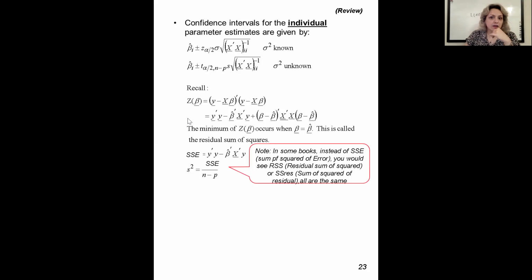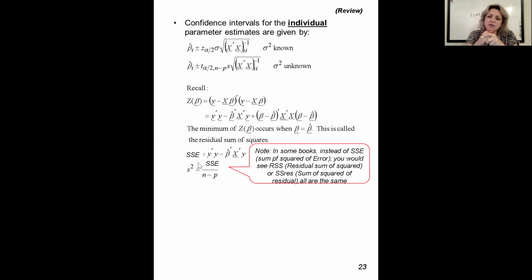And here is a recall: when we have z of the beta, you can write it down like this. And here you can say MSE, we want to find out MSE, right? And this part comes from the ANOVA table. ANOVA table is very important in this course. So you would have your SSE, sum of the squares of error.